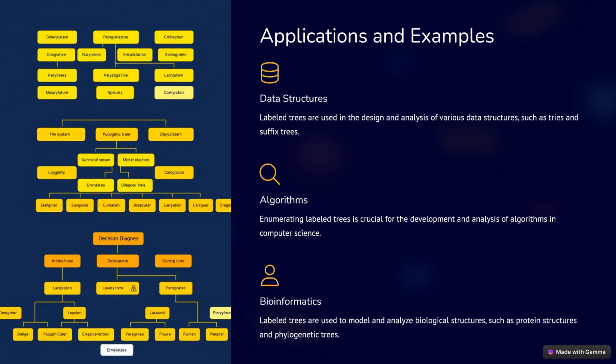Bioinformatics: labeled trees are used to model and analyze biological structures such as protein structures and phylogenetic trees. By observing the given figure, we can understand more easily how the applications and examples are used in algorithms, bioinformatics, and data structures.